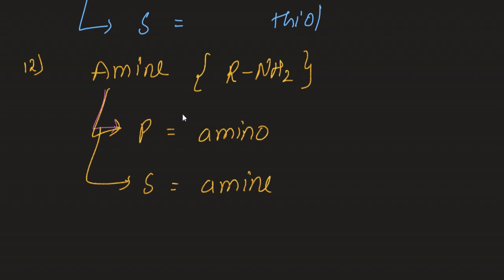Now few students will ask, ma'am, only 12 functional groups? You didn't add nitro NO2 group. You didn't add fluorine, chlorine, bromine. But there are few things which are always considered as a substituent. Though they are functional groups, they are never considered as suffixes. They are always considered as substituents.